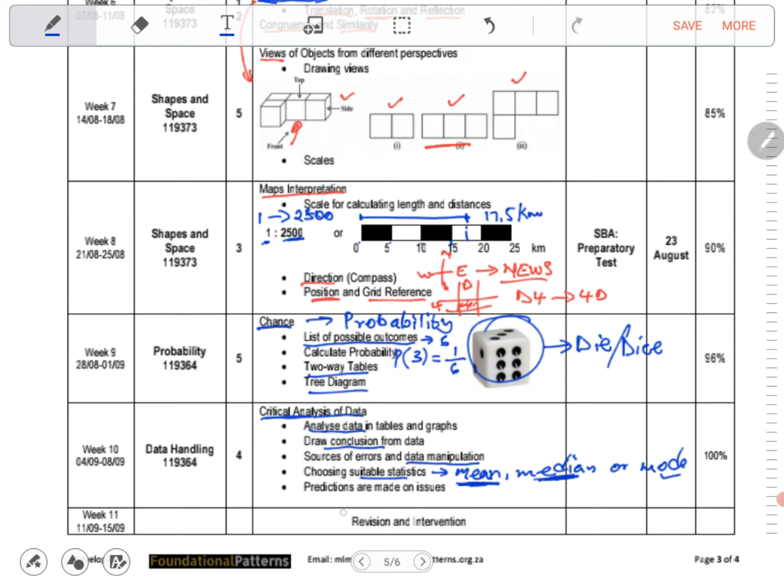Next we have to do predictions. Predictions are made on issues. So if we have made a decision that we are going to sell shoes, we have to predict the future. Should we buy more of size 5 or 6 for women, or should we buy a lot of size 8?